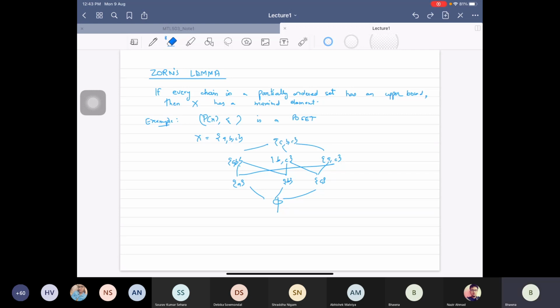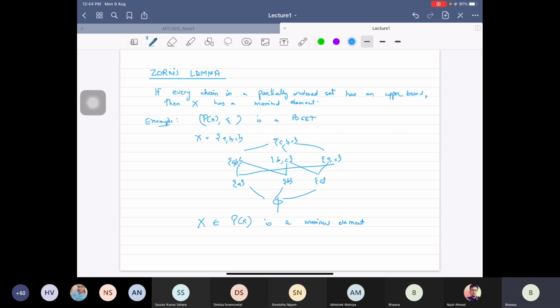And if I take the complete one, then if I take any chain, whether I go this way or that way, every chain has a maximal element, which will be the whole space X. So if I take this as a poset, then the particular element X itself in P(X) is a maximal element. It is also an upper bound for any chain in this poset.